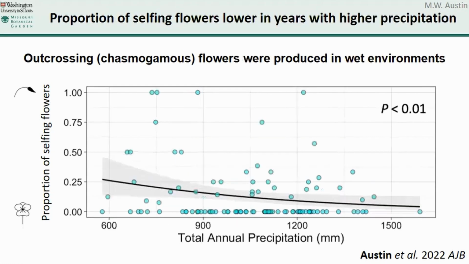There is also a significant association with total annual precipitation, where Viola sororia records are more likely to have a higher ratio of outcrossing chasmogamous flowers to obligately selfing cleistogamous flowers in years where total annual precipitation is higher.